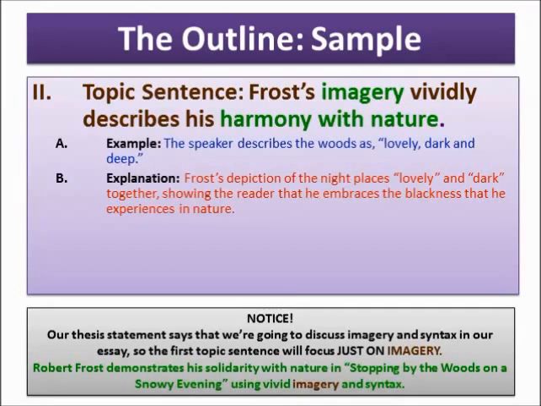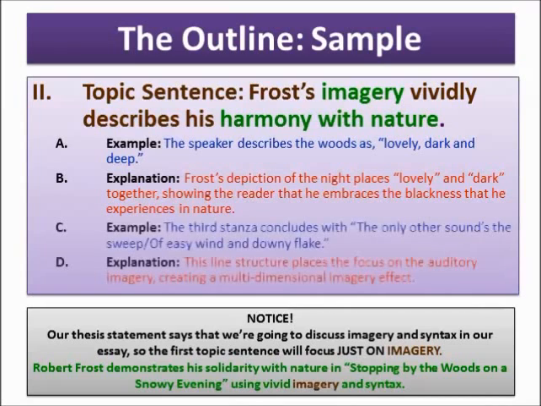After identifying our topic sentence, we work on letter A, where we find an example of imagery in the poem and introduce it here. Item B is an explanation where we are showing how that quotation that we just pulled up for item A demonstrates Frost's imagery and describes his harmony with nature.